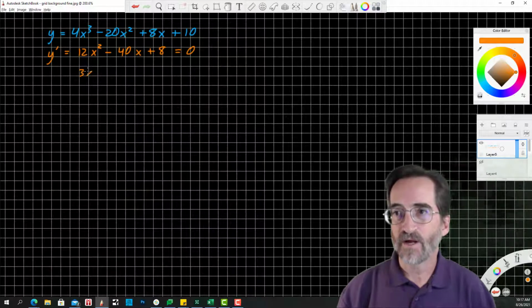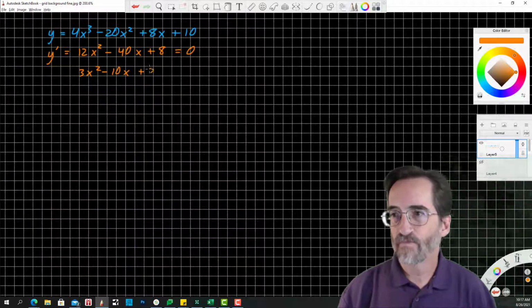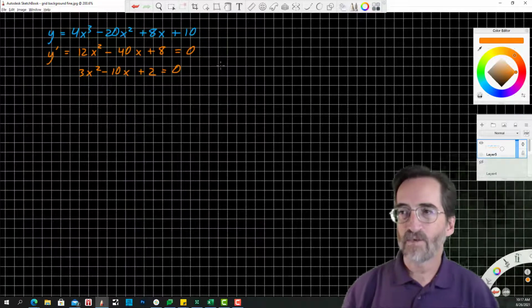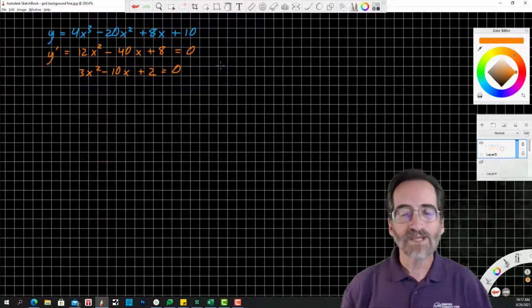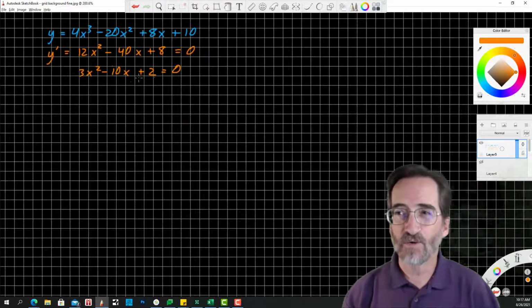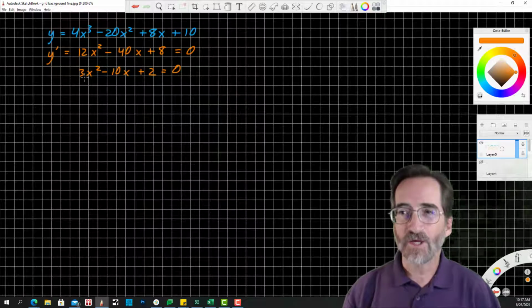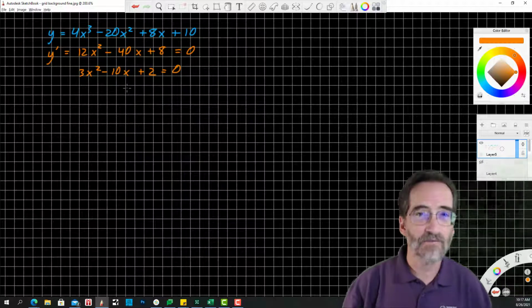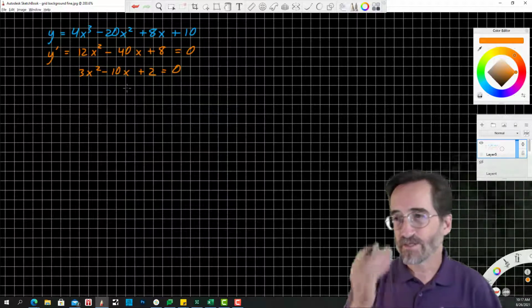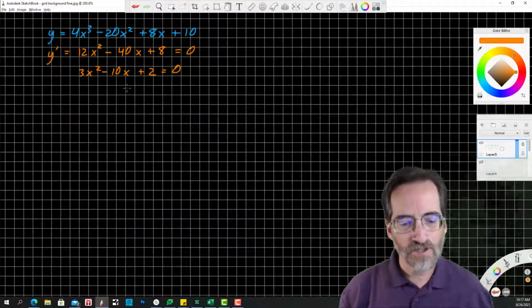And I get 3x squared minus 10x plus 2 equals 0, since 0 divided by 4 is 0. I might be tempted to try to factor this, but 3 times 2 is 6, and there's no combination of factors of 3 and factors of 2 that combine to make negative 10. So this isn't going to factor, so we're going to use the quadratic formula.